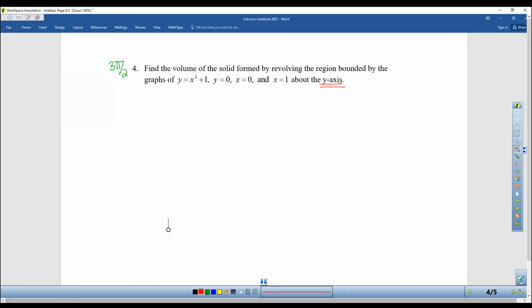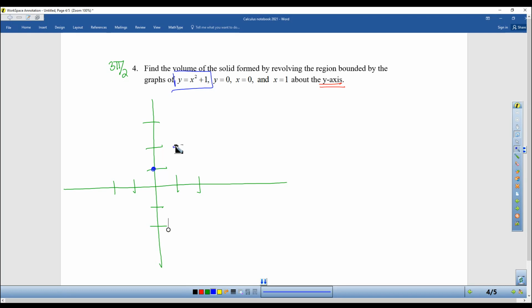So this is our first one that's a little bit different. And I can see, though, that I don't need very much of this graph, so I'm just going to make it this big. And actually, if it's going around the y-axis, I won't need this at all. So y is equal to x squared plus 1.